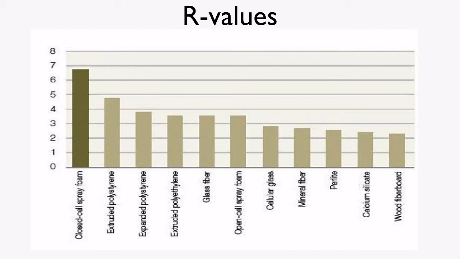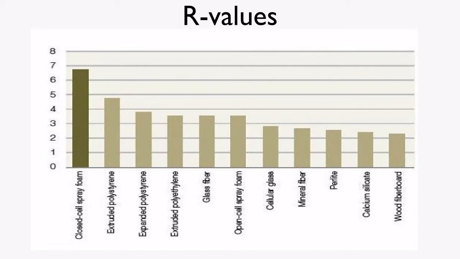And if you look across this graph here, you will see, I've pointed this out again, I'm going to point it out one more time. This isn't a comprehensive list, but many of the products that are commonly used for insulation have very similar R values. They do function differently.